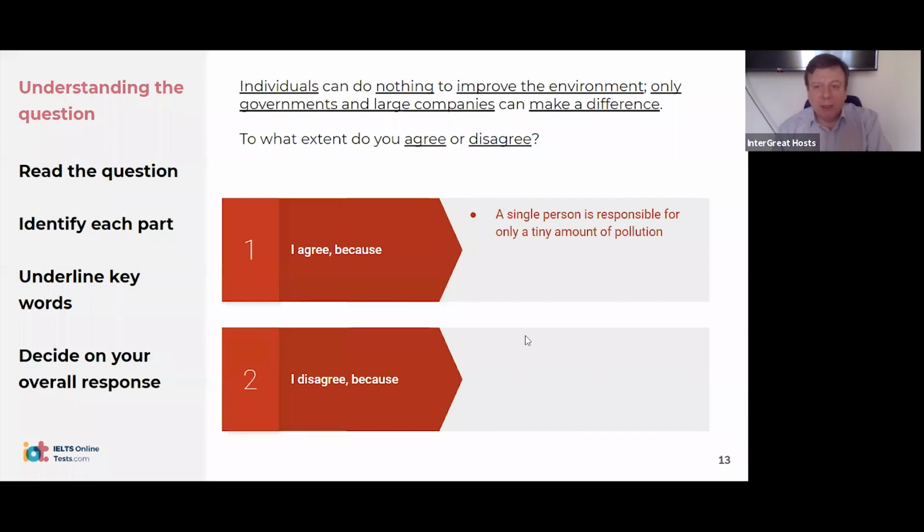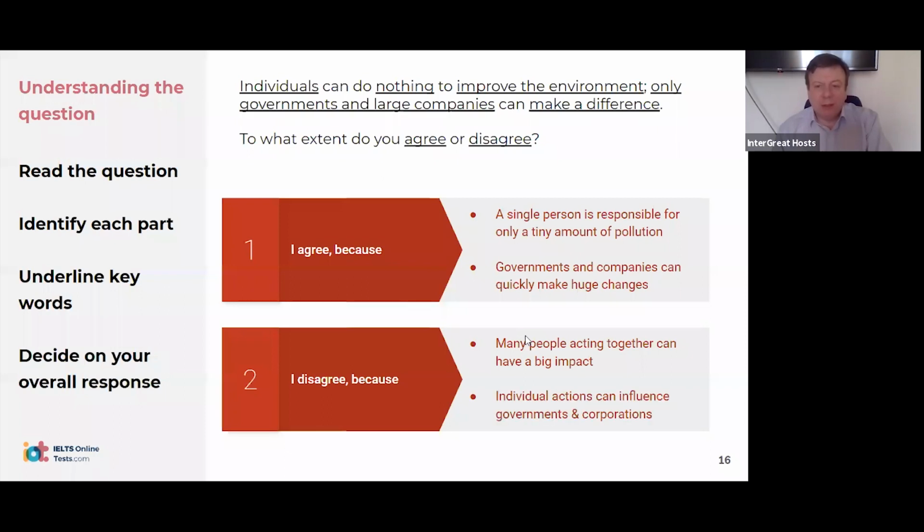So, here are some ideas. Some of you have mentioned these. A single person is responsible for only a tiny amount of pollution. Governments and companies can quickly make huge changes. So, disagree. If a lot of people act together, then it can have a huge impact.